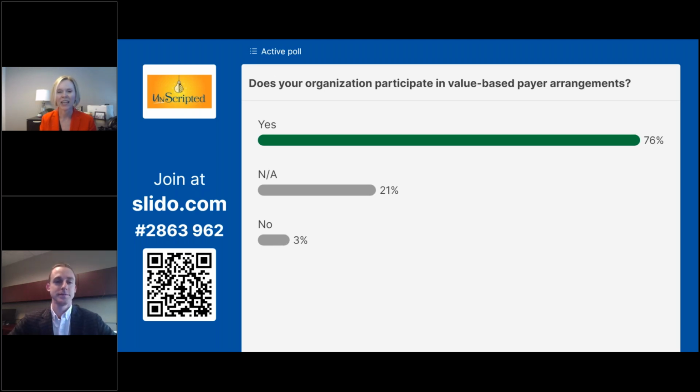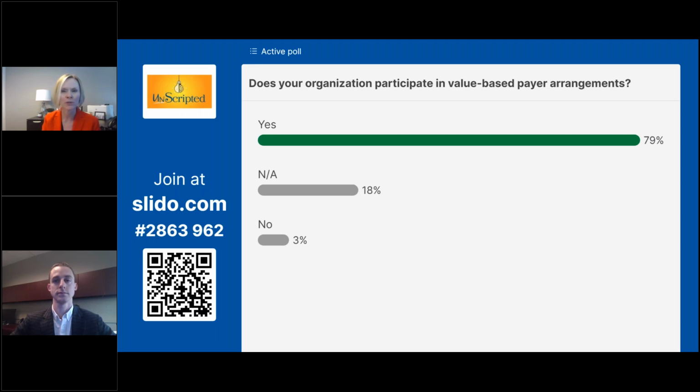Yeah, and it's interesting because the NA responses here are closely aligned from a percentage perspective to the other slide as to whether they used value-based compensation or not. So for those thinking about the results of the polls today, about 19% of the folks in the audience are perhaps other consultants or in other industries and just interested in the topic.